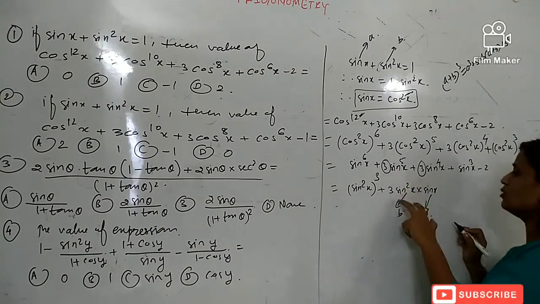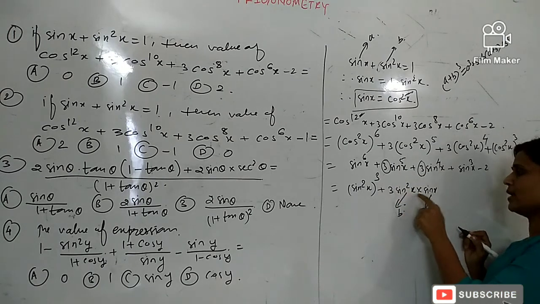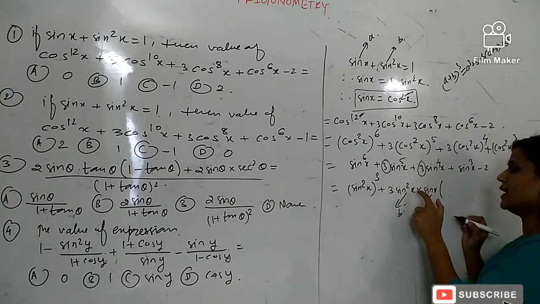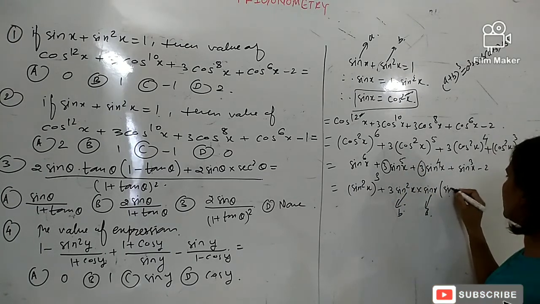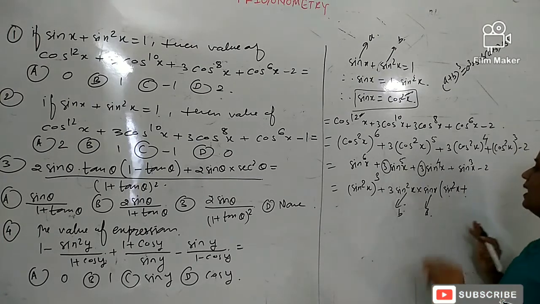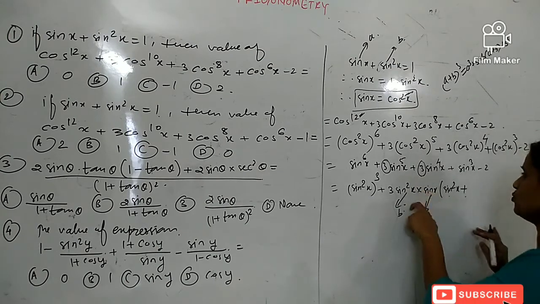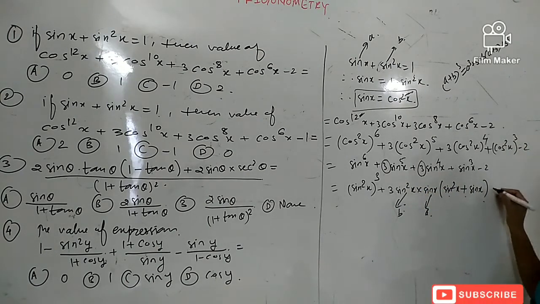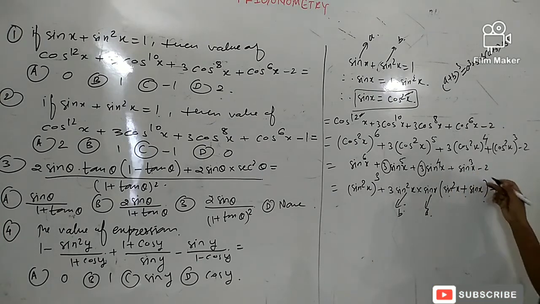So I took this value common from both terms. From sin to the power 5, I took out sin cube common, so what is remaining is sin square x. And from sin to the power 4x, I took out sin cube x common, so what is remaining is sin x. And this is over. And the sin cube x is already in the cube form.